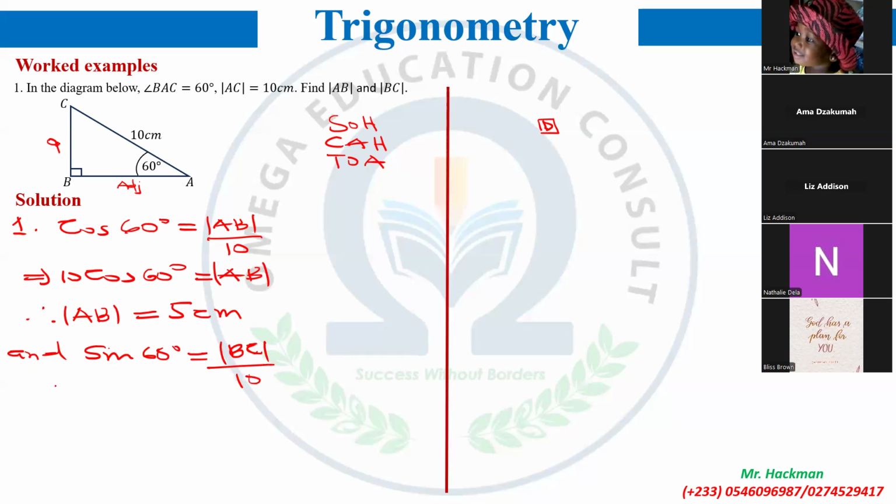This implies that the length of BC will be equal to 10 sine 60. I hope you are with me.